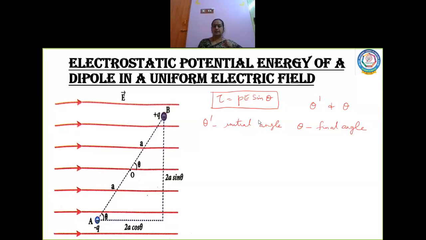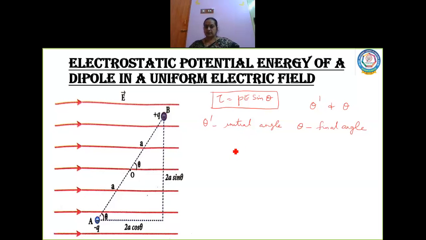See here. So the work done will be equal to the integral from theta dash to theta of tau external d theta, which is the small work done. I take only the mod value.